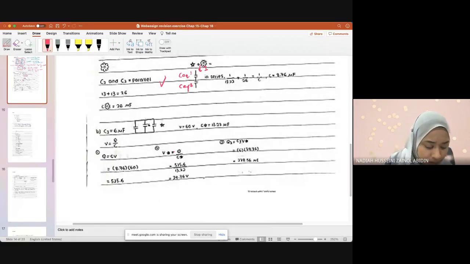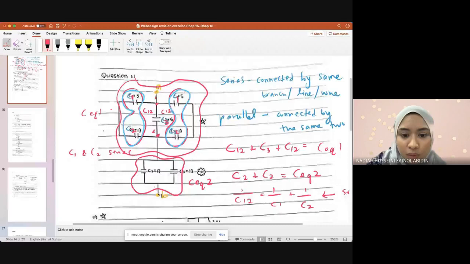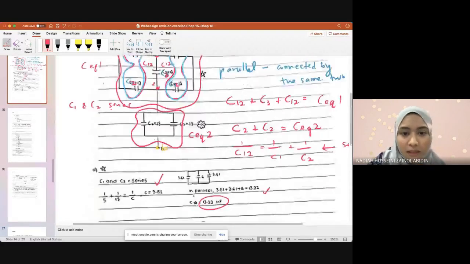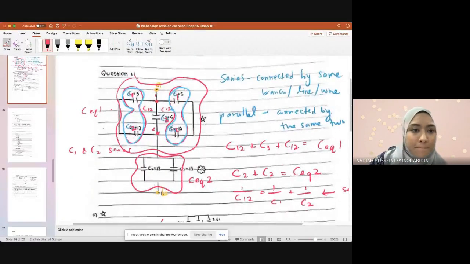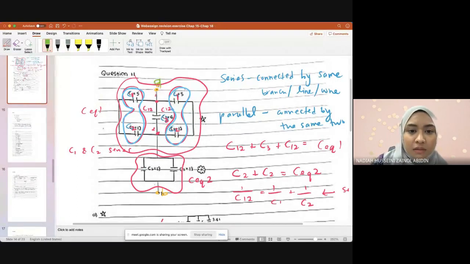Okay, number B. If the potential between points A and B is 60, what is the charge stored on C3? So here it's saying from A to B. Where is our A and where is our B? I forgot. A is at the top, B at the bottom. This is A, this is B. The whole from A to B is 60 volts.